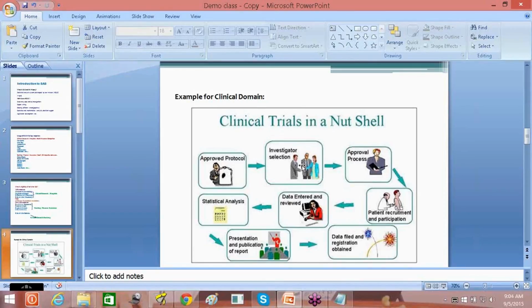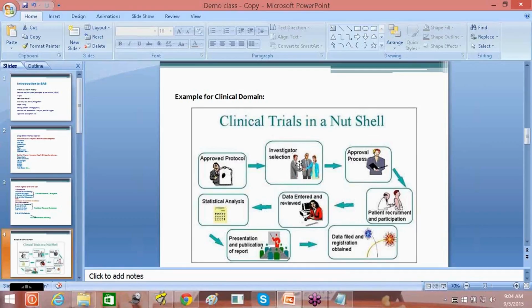Suppose you take one study like diabetes or cancer, whatever study; your investigator should be aware of that particular disease, so that he can take care of the patients. So selection of the investigator is also required here.